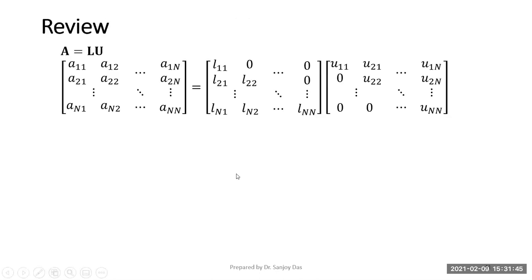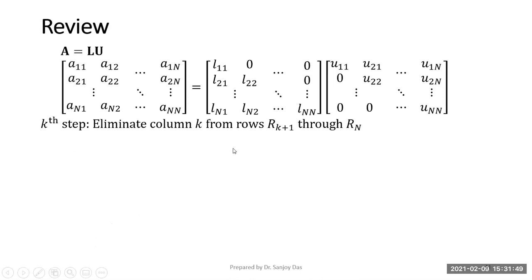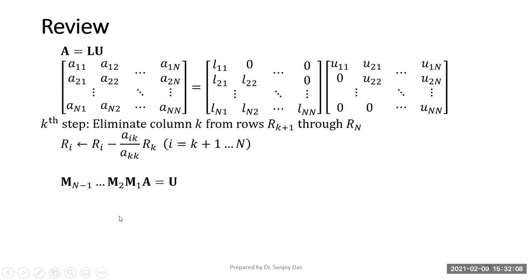Okay, so just a quick recap. LU decomposition: in step k, we eliminate column k from rows k+1 through n, and we carry it out for all rows i equals k+1 to n.